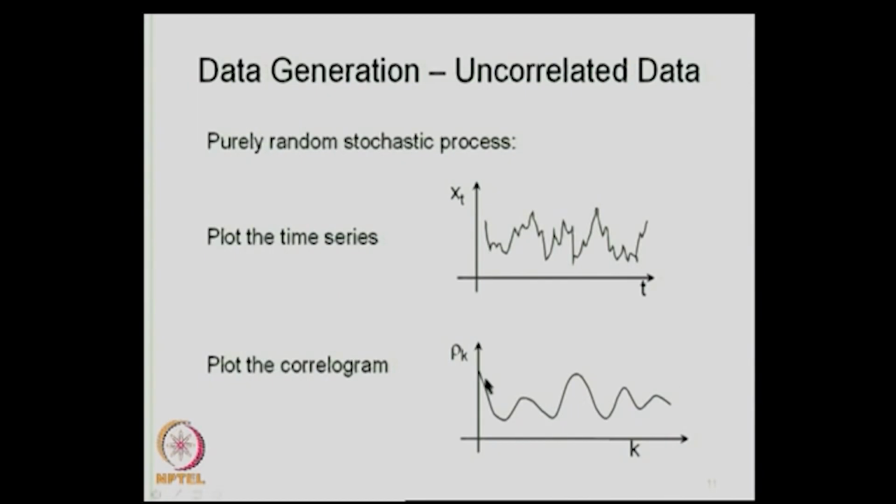Let us say you plot the correlogram rho k versus k, and all the correlations that you are seeing for k not equal to 0 are statistically insignificant, then the data is uncorrelated.